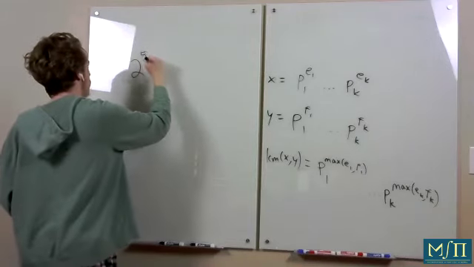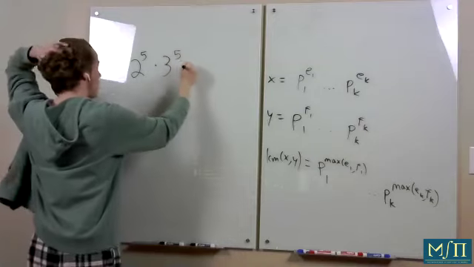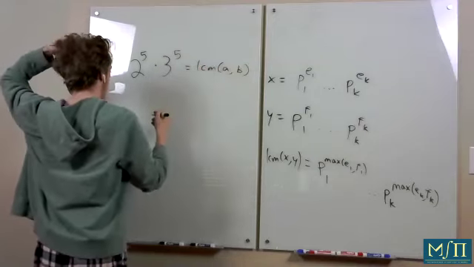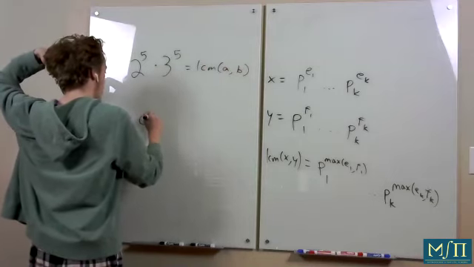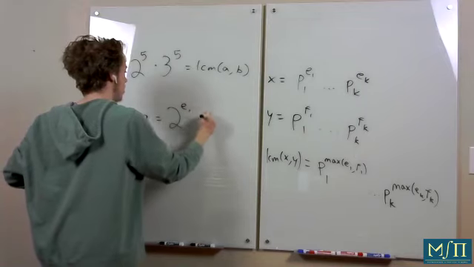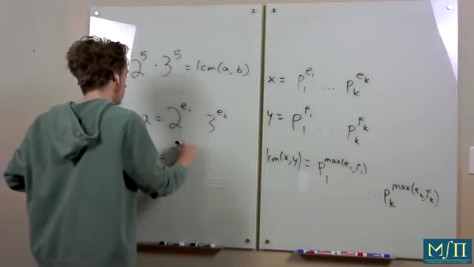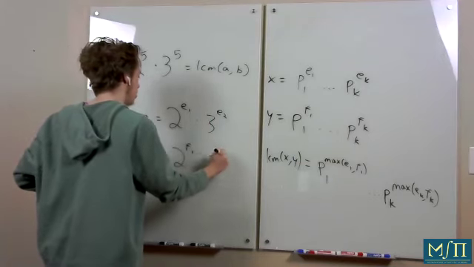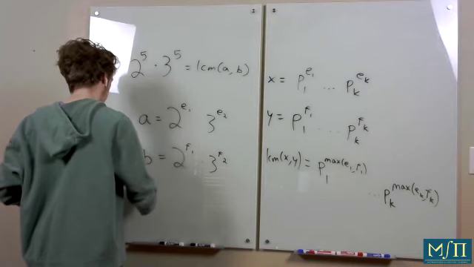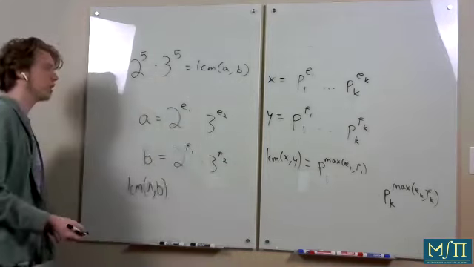And so there are no other prime numbers that can occur in A or B. And so if we write A as 2 to the E1 times 3 to the E2, and B as 2 to the F1 times 3 to the F2, this is sort of assuming that each of 2 and 3 occurs in at least one of them.